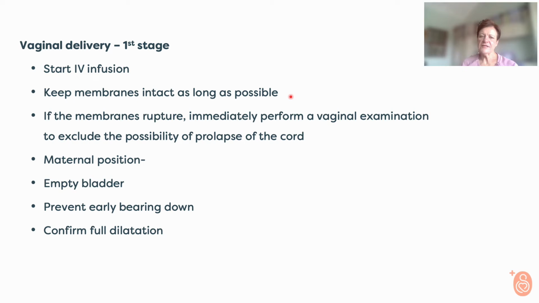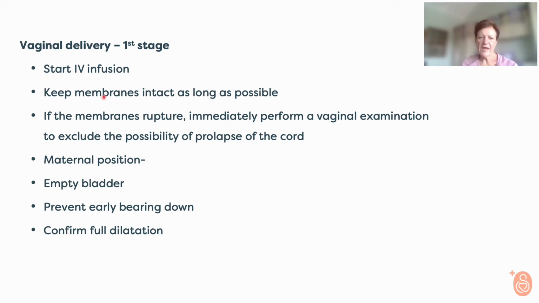So if the membranes bulge already, we must try and keep the patient in bed as far as possible, because when the patient walks around and gravity further assists this movement of fluid past the breech, then our incidence of early rupture of the membranes becomes too big.